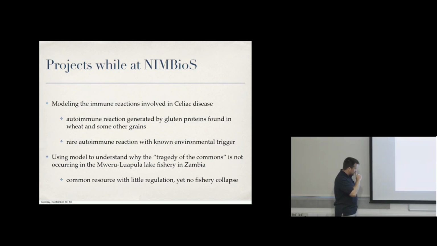And the other thing that I'm working on is some work that I've done with a colleague of mine, an anthropologist at my home institution, who has collected a lot of data about a fishery in Zambia, or on the border of Zambia and Democratic Republic of Congo, which has all the symptoms of tragedy of the commons. Right? It's unregulated. Tons of people have access to it. It's on the border between two countries that don't particularly like each other.